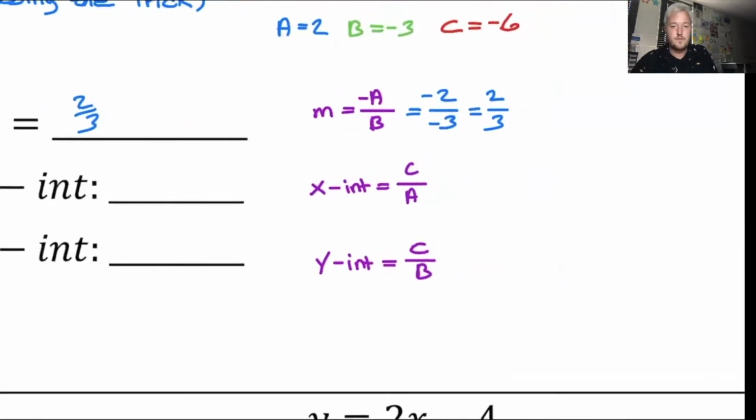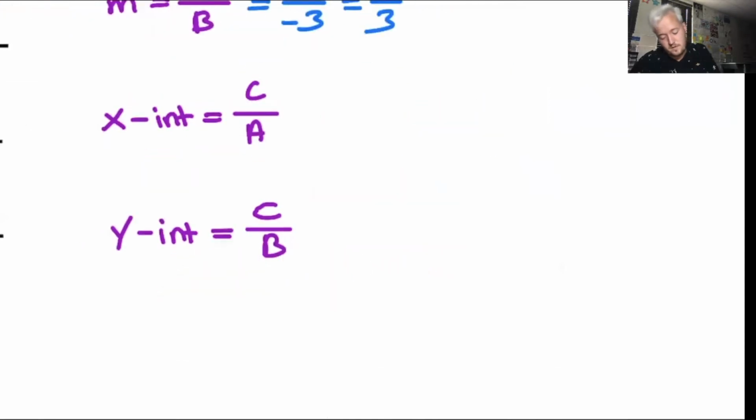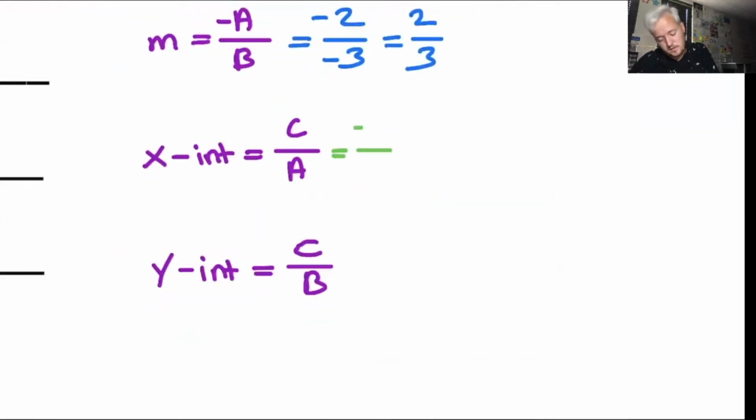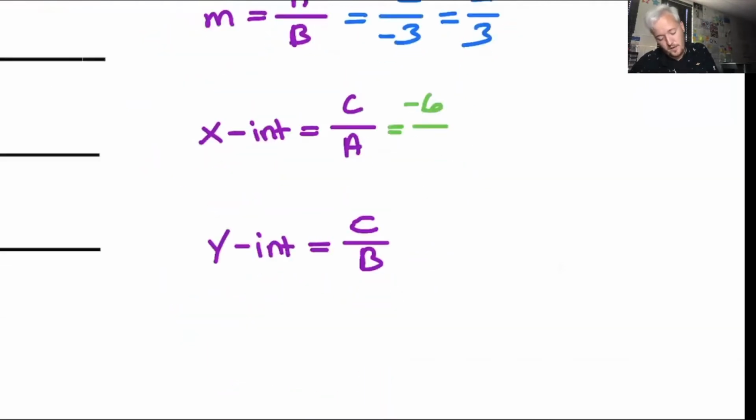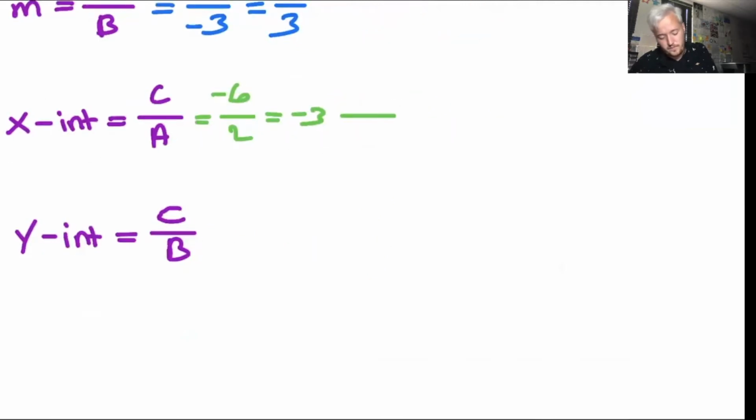All right, so now for the x-intercept, I want C over A. So my C value is -6. My A value is +2, which simplifies to -3, which as a coordinate would be -3, 0.